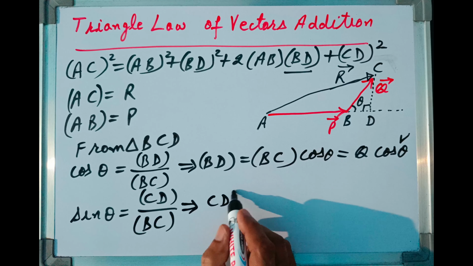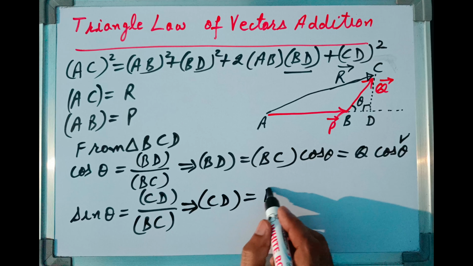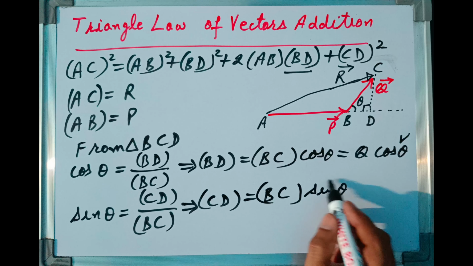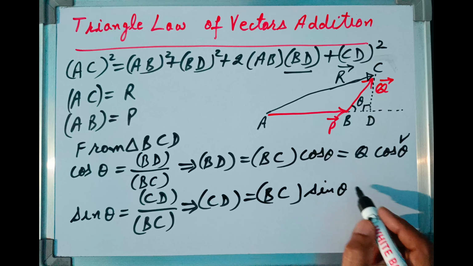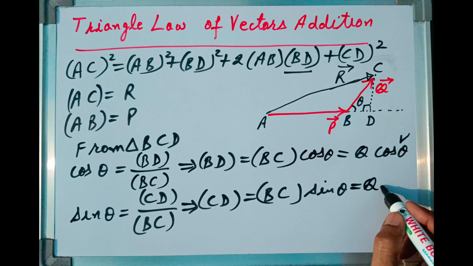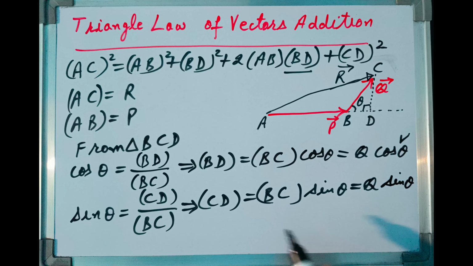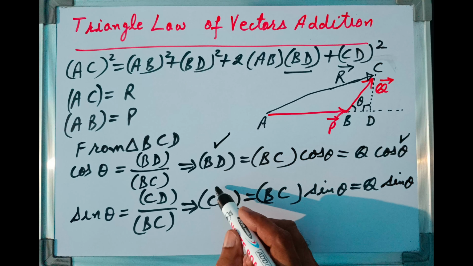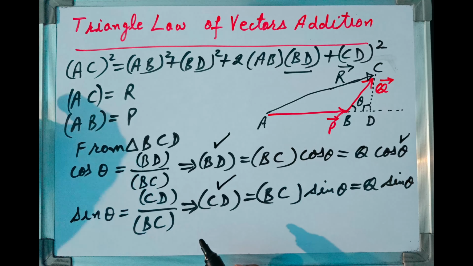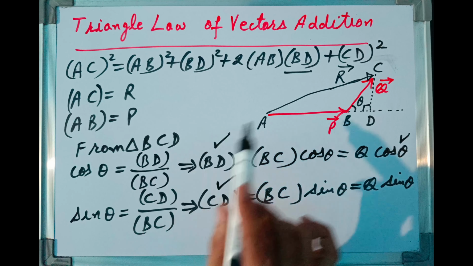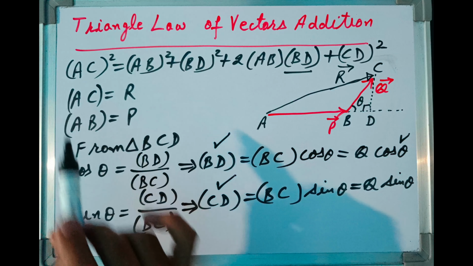After cross multiplying, I can write CD is equal to BC multiplied with sin theta, and again BC is magnitude of Q vector, so I can write Q sin theta. So we have found the values for BD, CD, AC and AB already. Now we shall put all these values in this equation for AC square.